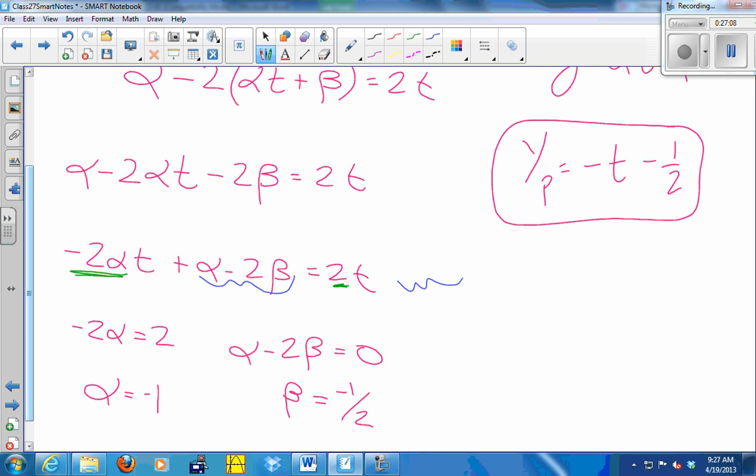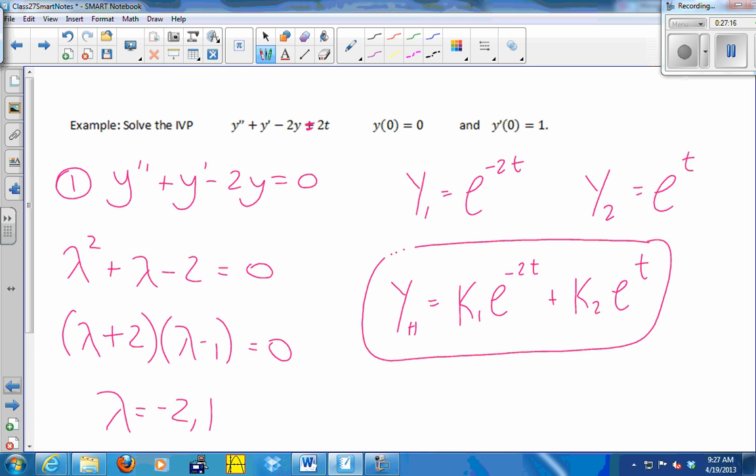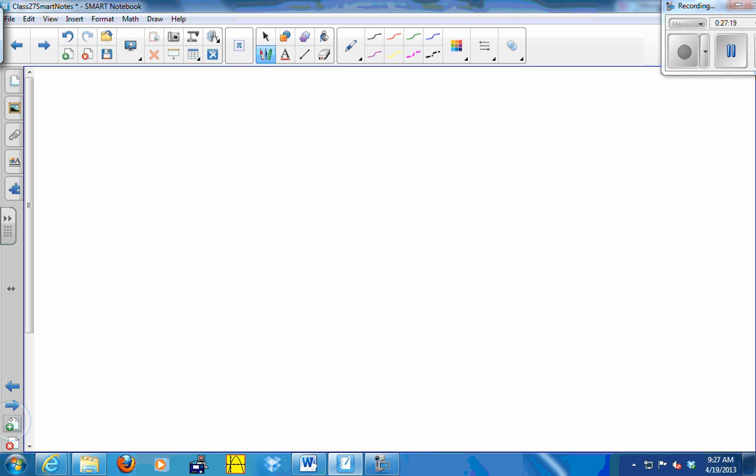Okay, so my general solution to the original non-homogeneous equation is y sub h plus y sub p. So -2t and t. And then I think you factored wrong.